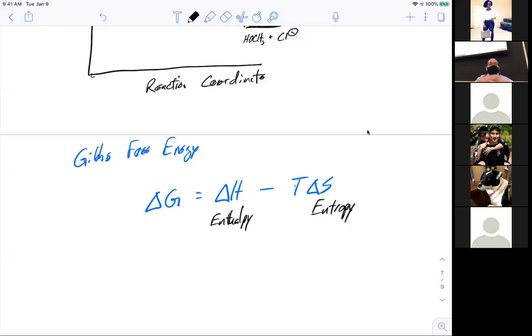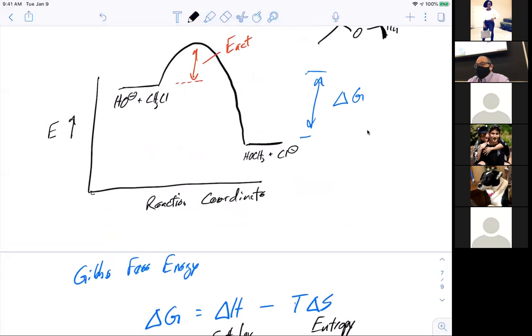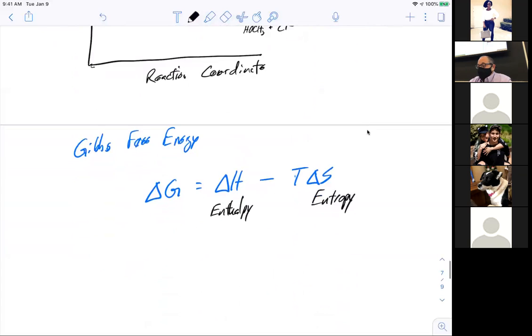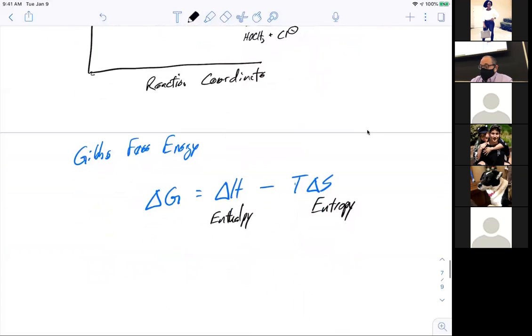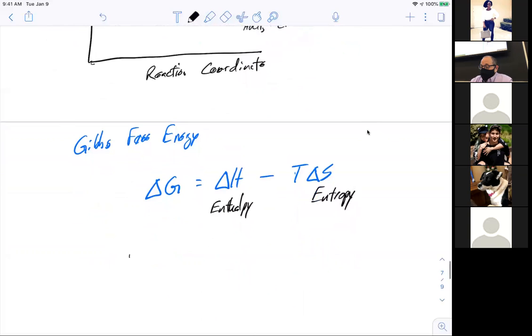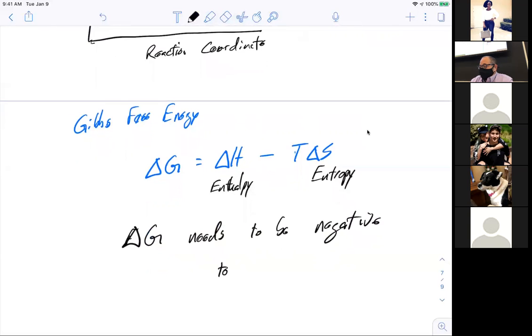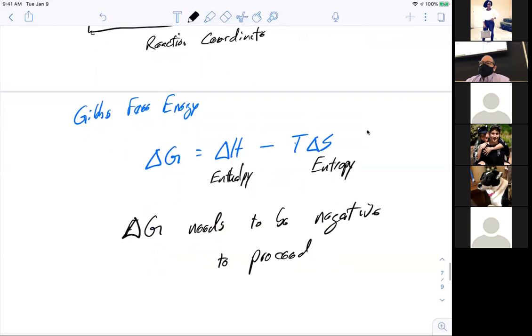So delta G gives us the overall reaction, but it has both of these parts in it. Delta G equals delta H minus T delta S. So for the reaction to go forward, delta G needs to be negative to proceed without any external interactions.